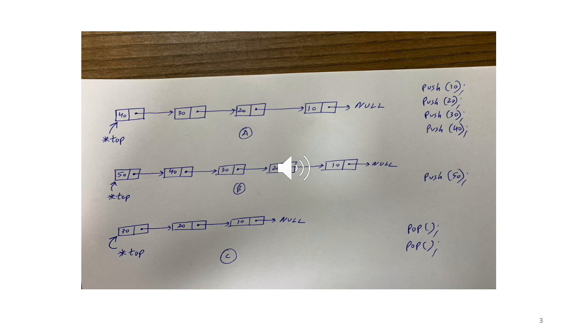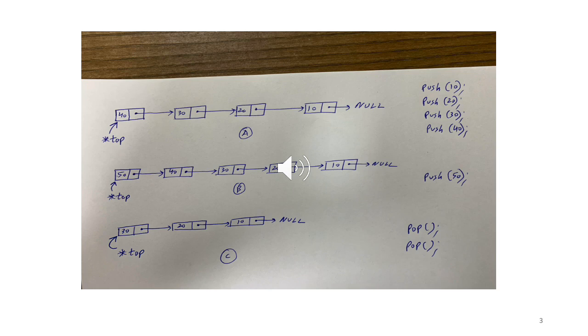If you look from the right, the node with data 10 is pointing to null, the node with data 20 is pointing to the node with data 10, the node with data 30 is pointing to the node with data 20, and the node with data 40 is pointing to the node with data 30. In addition, we have top, which is a pointer of data type struct node star, and that is pointing to the top node.